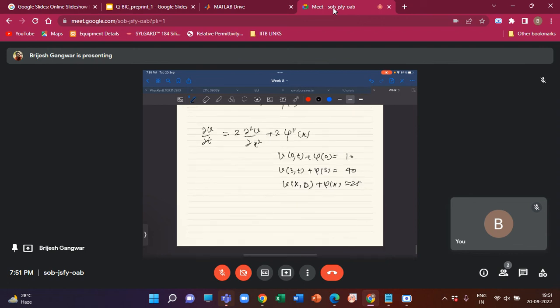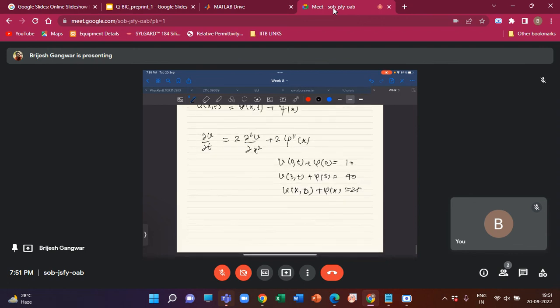Okay, this can be simplified by choosing, if we choose psi double dash x is equal to 0, then our psi(0) is equal to 10 and psi(3) equal to 40. What is the meaning to consider this?